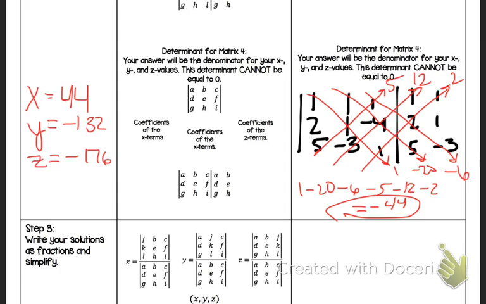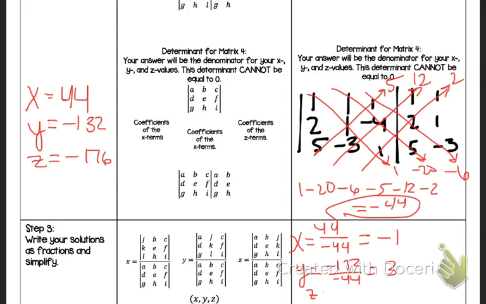So this is the one that's going to go on the bottom of all of our fractions. So for our x coordinate, we get x is 44, because that's what we got for x, divided by negative 44. So that's going to simplify to be negative 1. Y was negative 132, divided by negative 44. So that's going to be a positive 3.